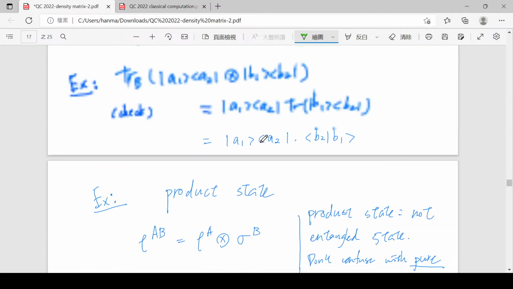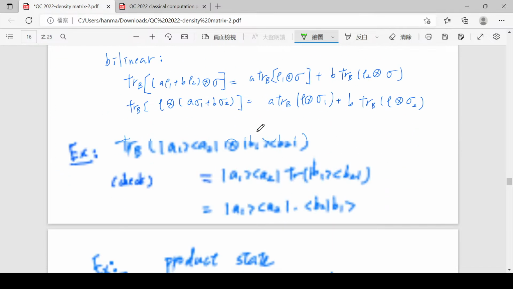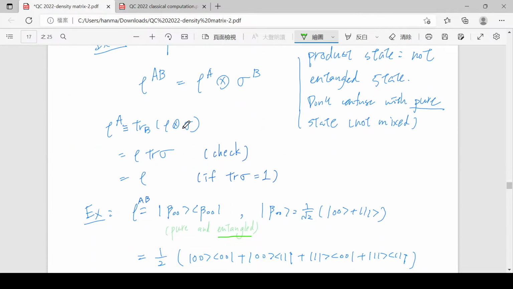A more intuitive way to see this is that when you do partial trace B on some state rho tensor sigma, the result is a density matrix on just system A, so this rho, times the number which is the trace of sigma. And if sigma is also a density matrix which has trace 1, then this partial trace will just become rho.